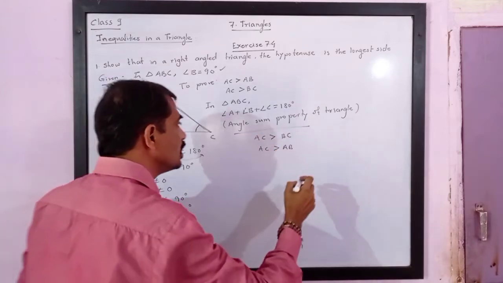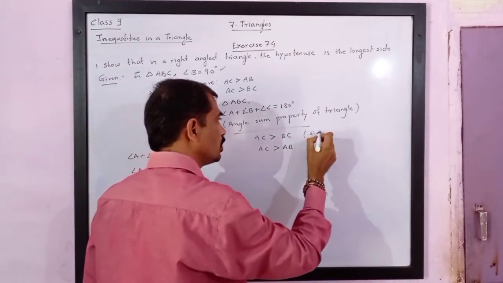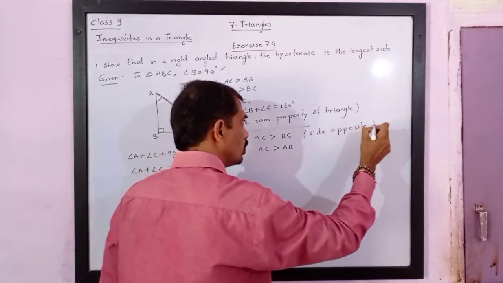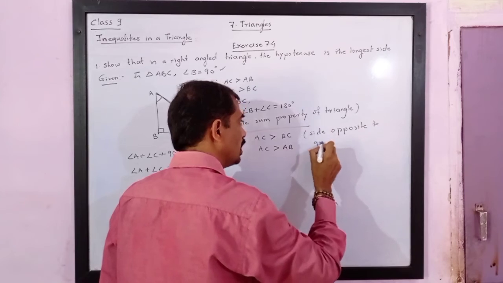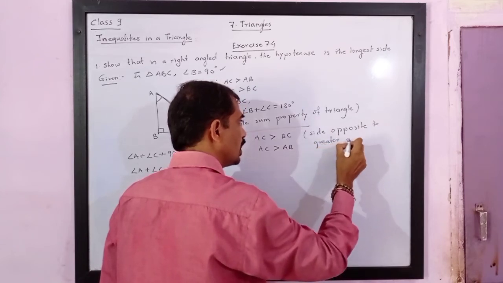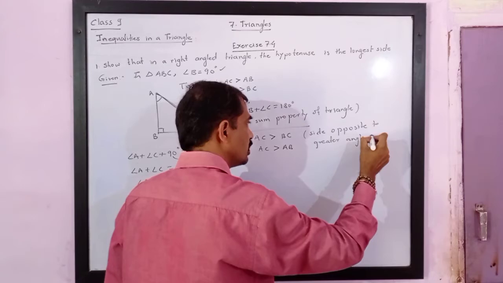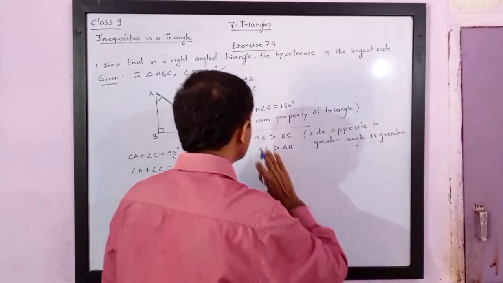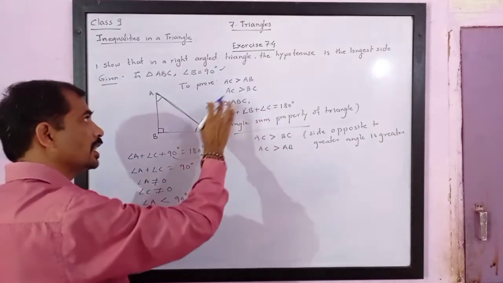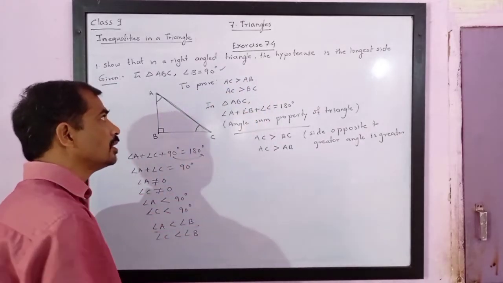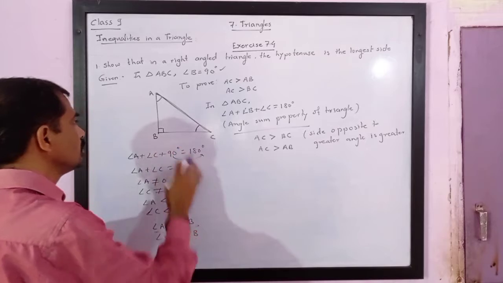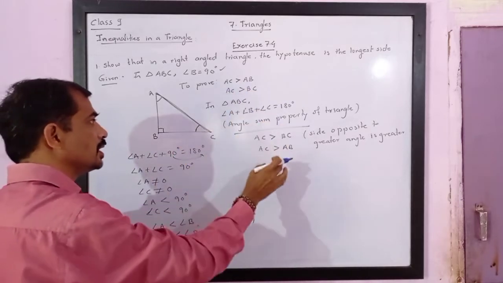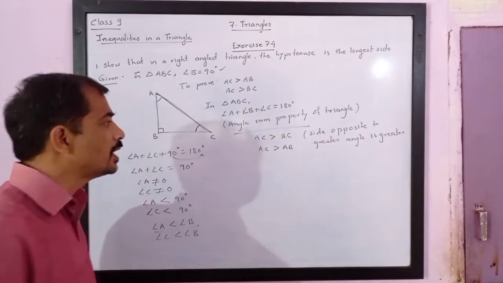The reason is the side opposite to the greater angle is greater. Same as we were asked to prove: AC is bigger than AB and AC is bigger than BC.